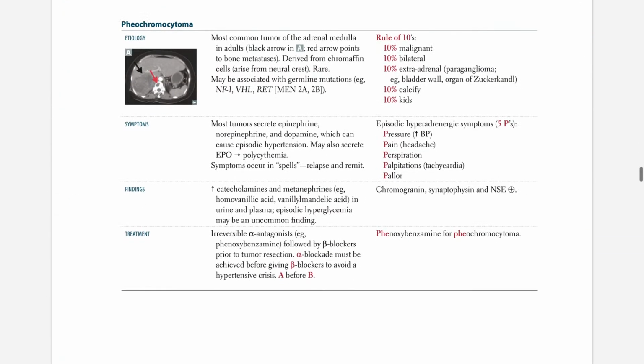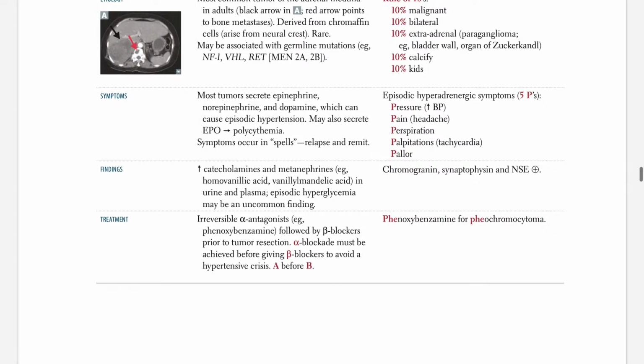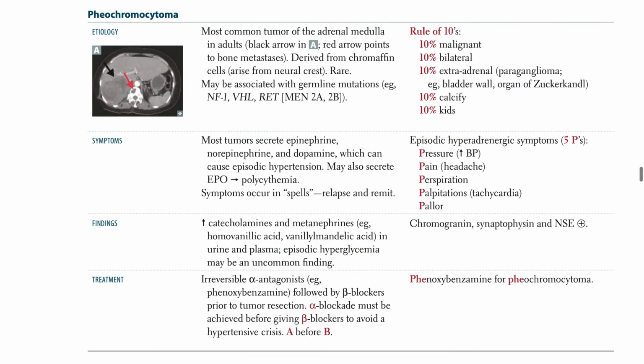Moving on with the pheochromocytoma. Here for the pheochromocytoma, it is the most common tumor of adrenal medulla in adults. What is the most common in children less than 4? It's going to be your neuroblastoma. So pheo is adult. Okay.